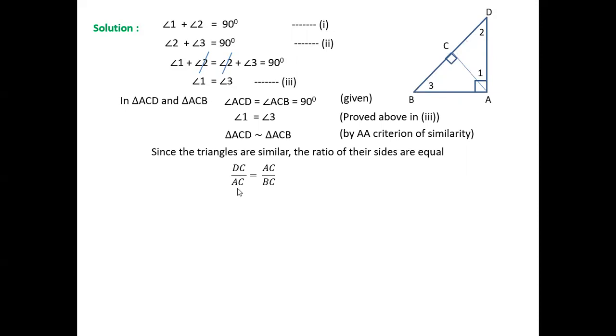So AC square is equal to BC into DC. AC square is equal to BC into DC. This was your second condition.